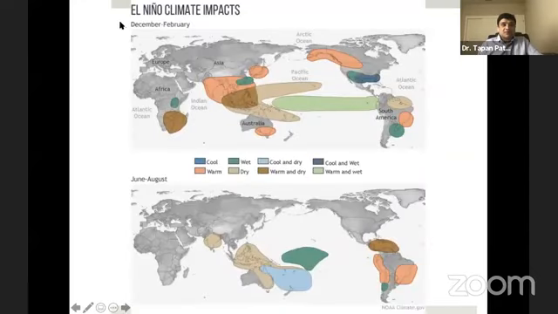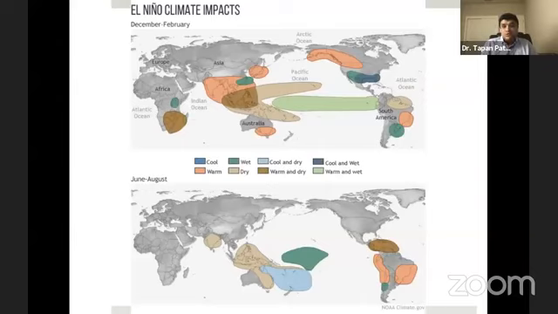This is an example of how natural variability can influence climate across the globe. The top figure shows the climate variations in different parts of the world during December through February.